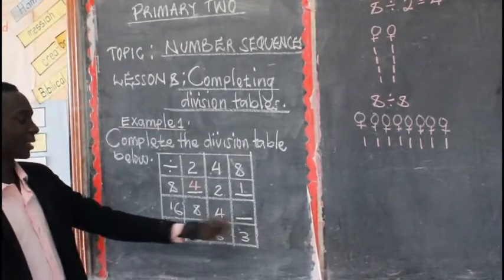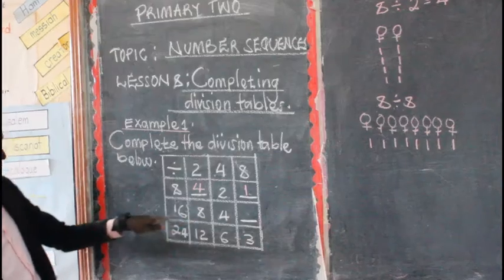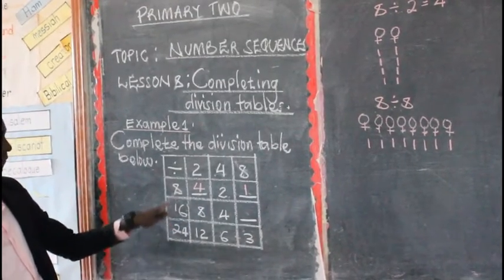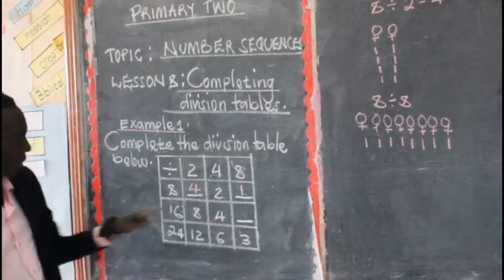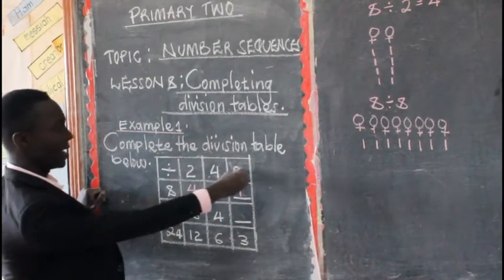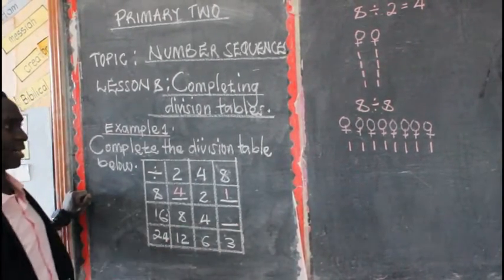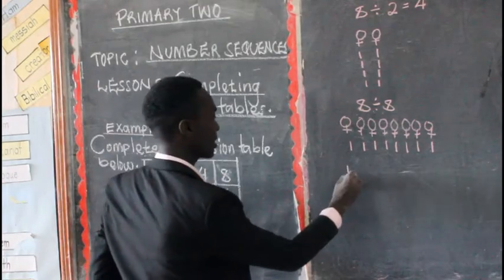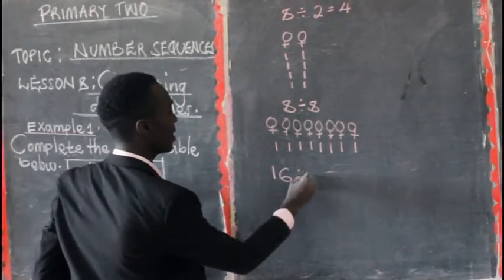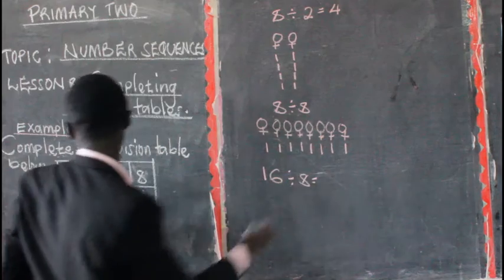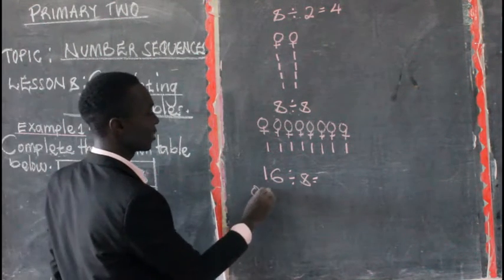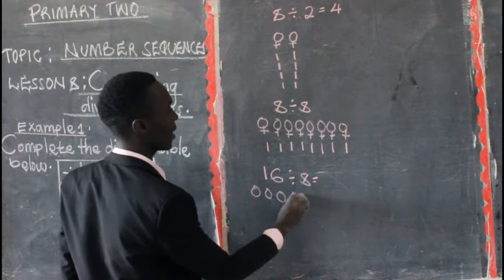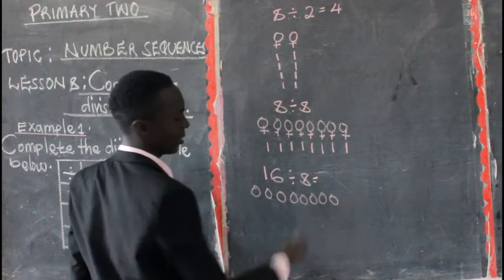Here is also another space, we have to fill it. Remember, this is 16. We divide 16 by this 8 in order to get the answer here. So here should be 16 divided by 8. What do you get? Let's count 1, 2, 3, 4, 5, 6, 7, 8.